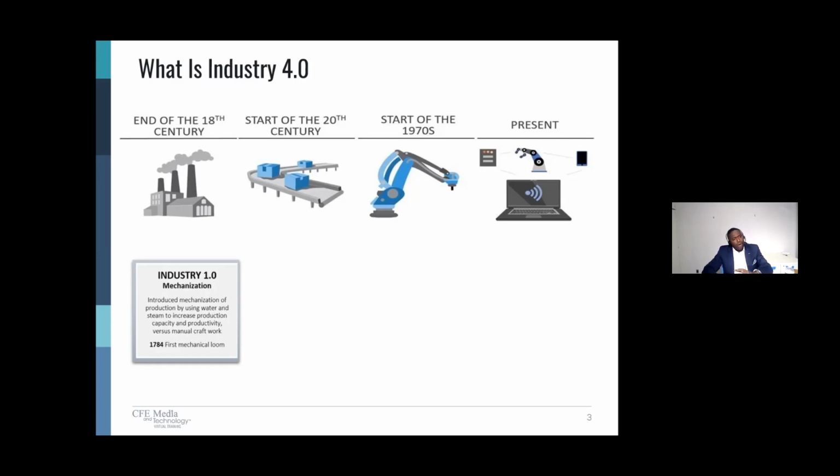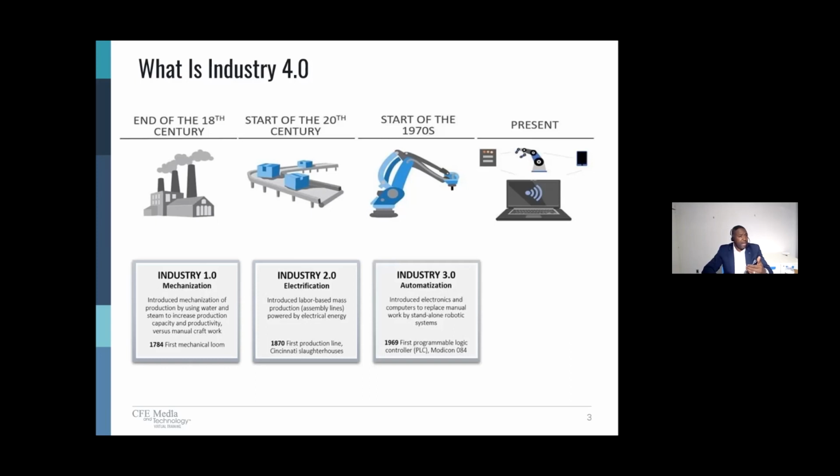Again, the overarching terminology for this phase would be called Industry 1.0, mechanization. Now, we transitioned to the second industrial revolution, which took advantage of electricity and the assembly line to generate mass production. This marked the start of the 20th century. And again, the overarching terminology here for this phase would be Industry 2.0, electrification.